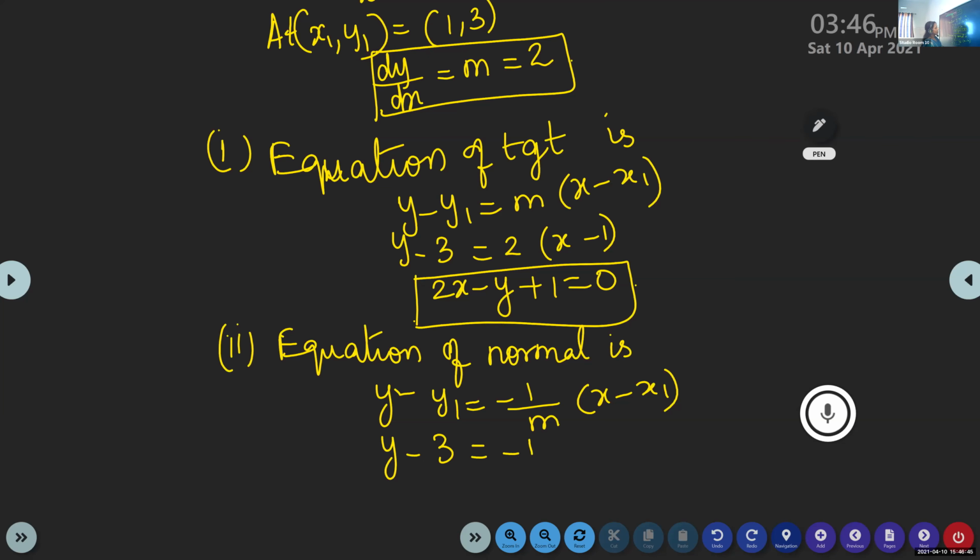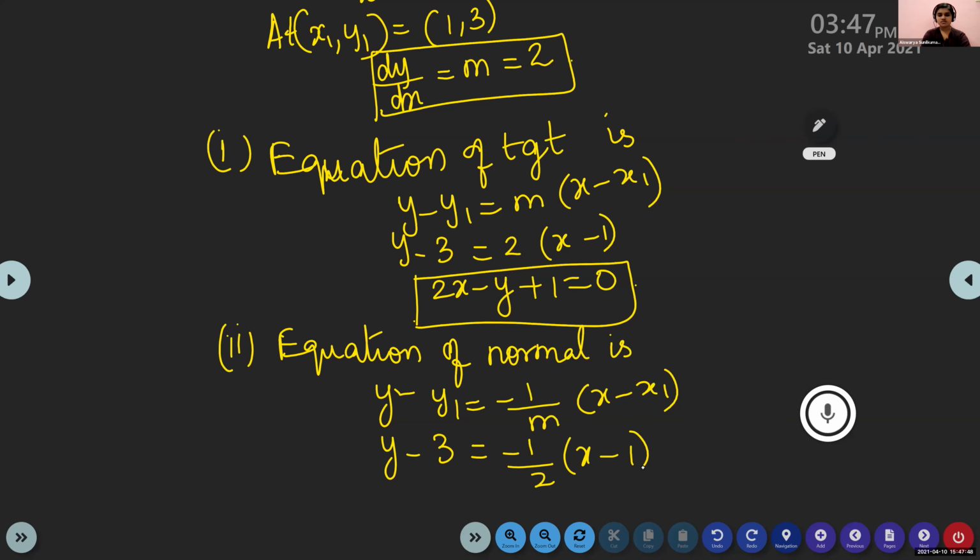Y minus 3 is equal to minus 1 by 2 into x minus 1. So cross multiply by 2, simplify and tell me what is the equation of the normal.